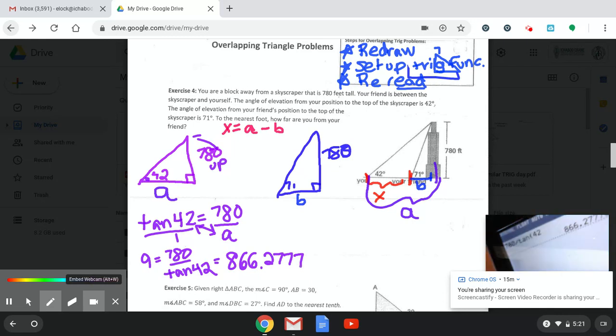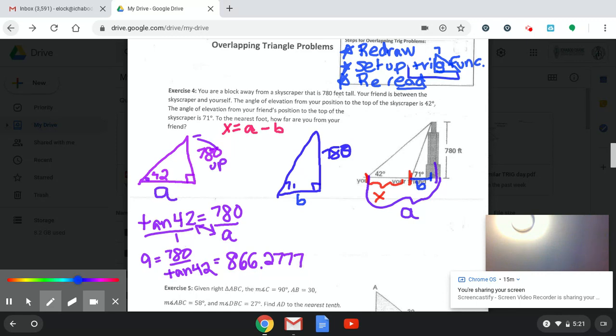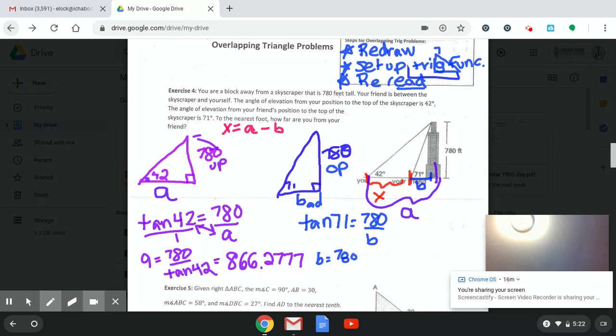Right. The next answer, we're going to do the same thing, but with our other triangle. So looking for side B, again, we have opposite, we have adjacent. So we're going to have tangent of our 71-degree angle equals 780 over B. And same case in the calculator, B will equal 780 divided by tan 71.